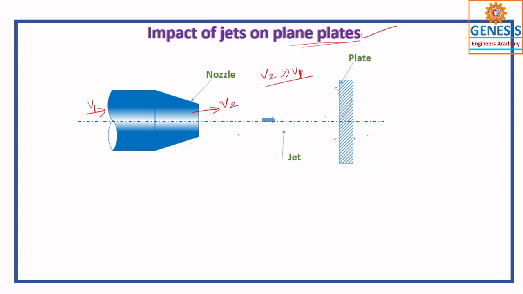When the jet impinges upon the plate, the plate starts moving. That technique we use in turbines, which is why this forms the basis for learning the subject of hydraulic turbines.